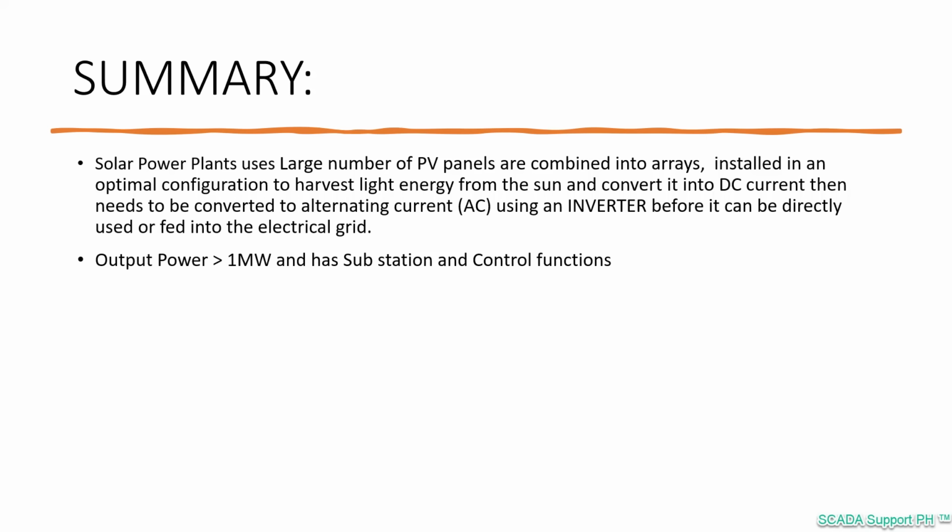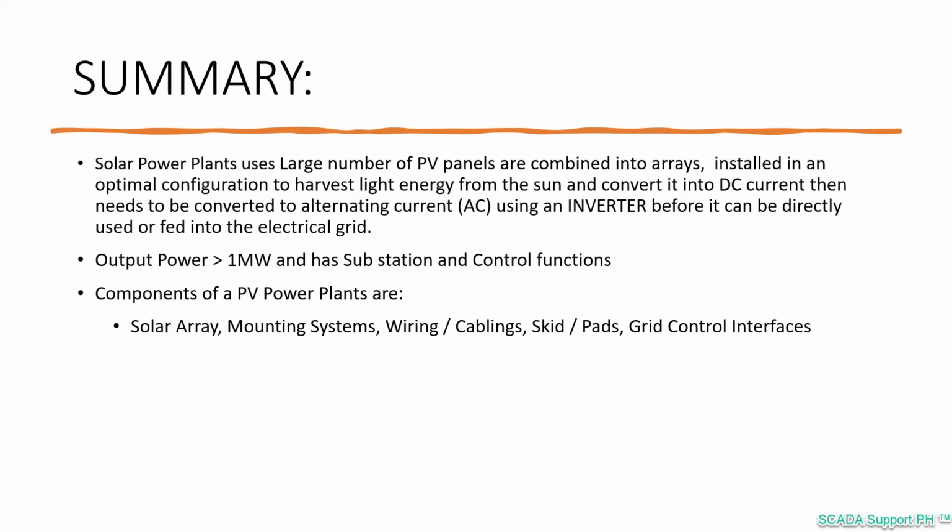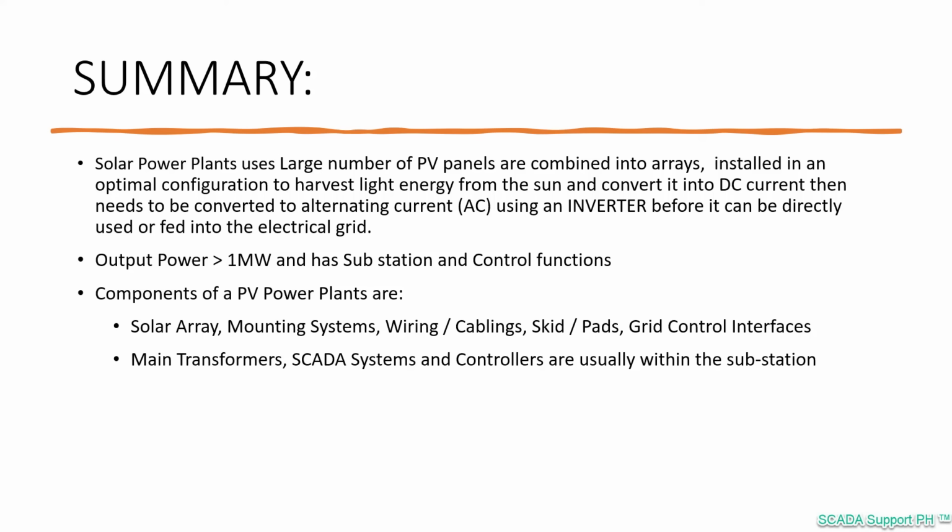The output power of a power plant should be greater than 1 megawatt, and you need to have a substation and control functions. The components of a PV power plant are solar array, mounting systems, wiring, cabling, skid or pads, and grid controller interfaces, in which you have your main transformers, your SCADA system, and controllers that are usually located within the substation.